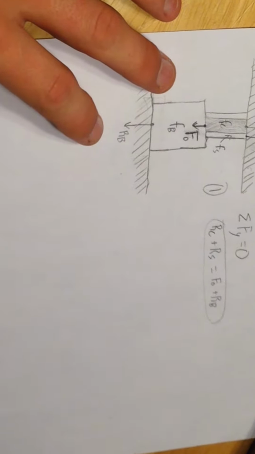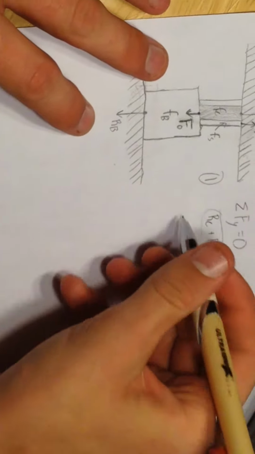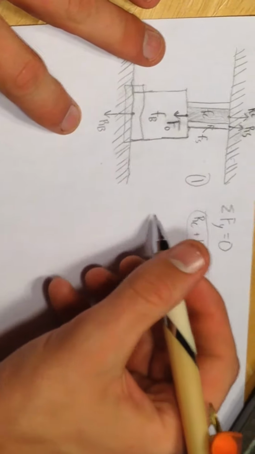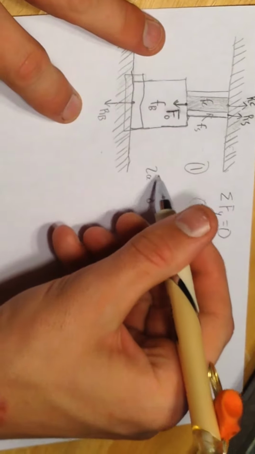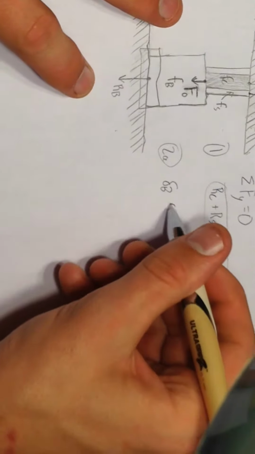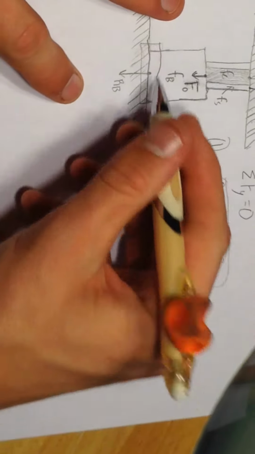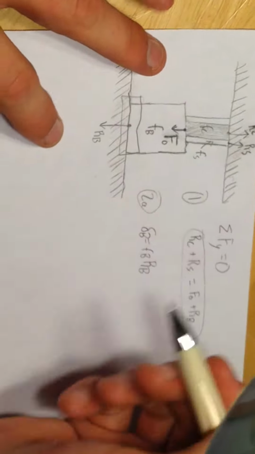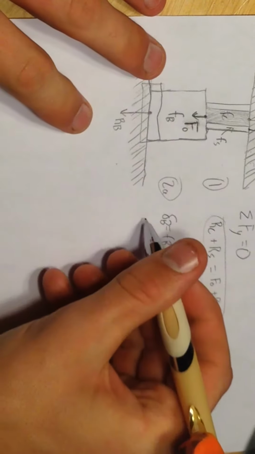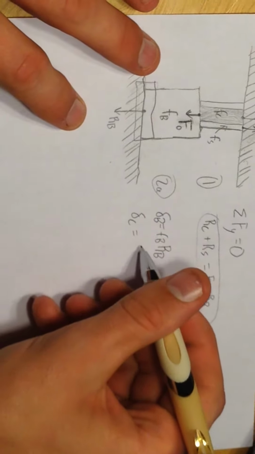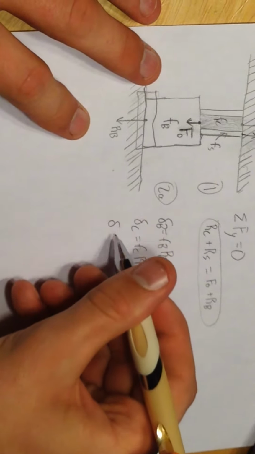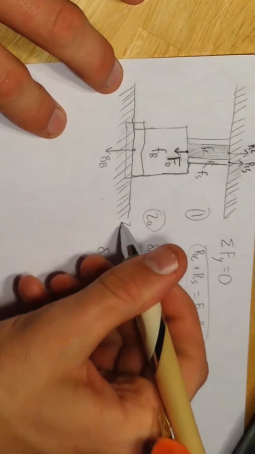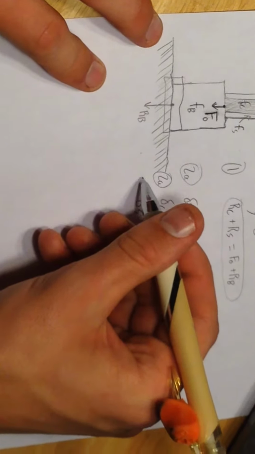And so that's pretty much our delta S, delta C, and delta B. So if we draw our box here for delta B, we can see that delta B must equal the flexibility of B times the reaction force at B. And the same pretty much goes for delta S and delta C. Alright, so those are our force displacement equations.